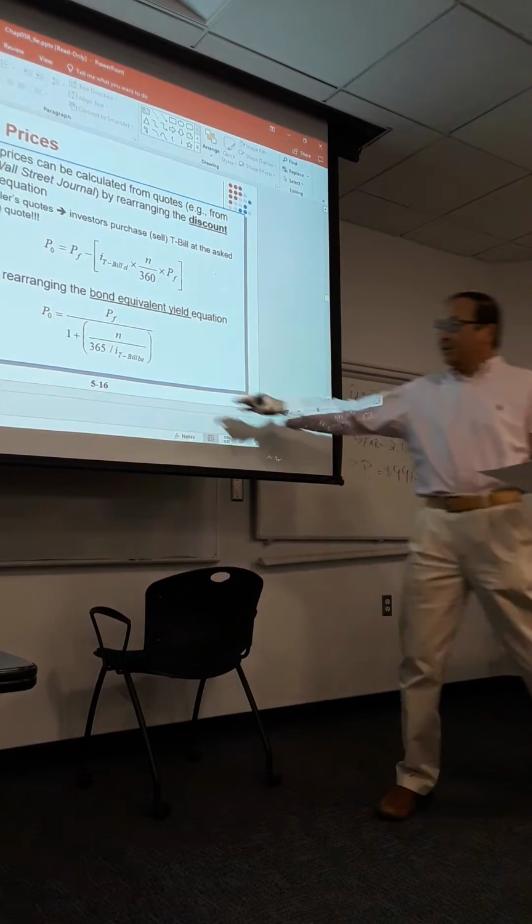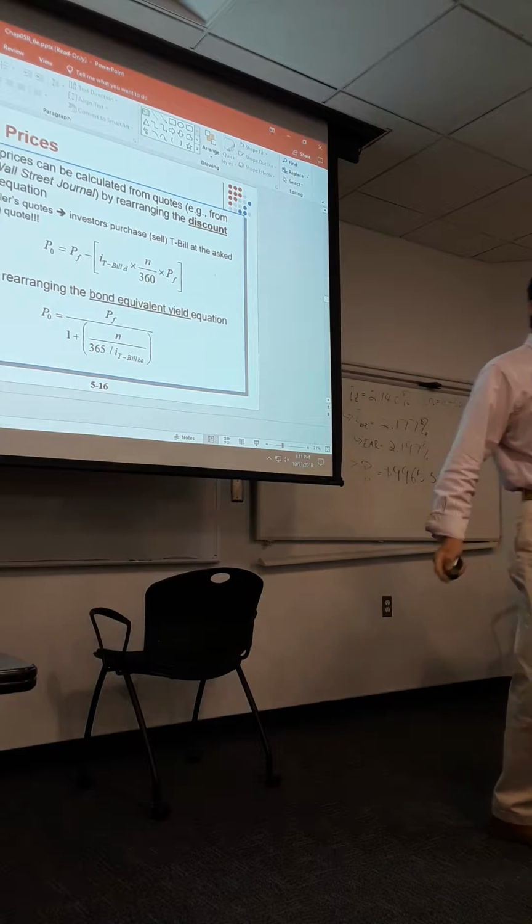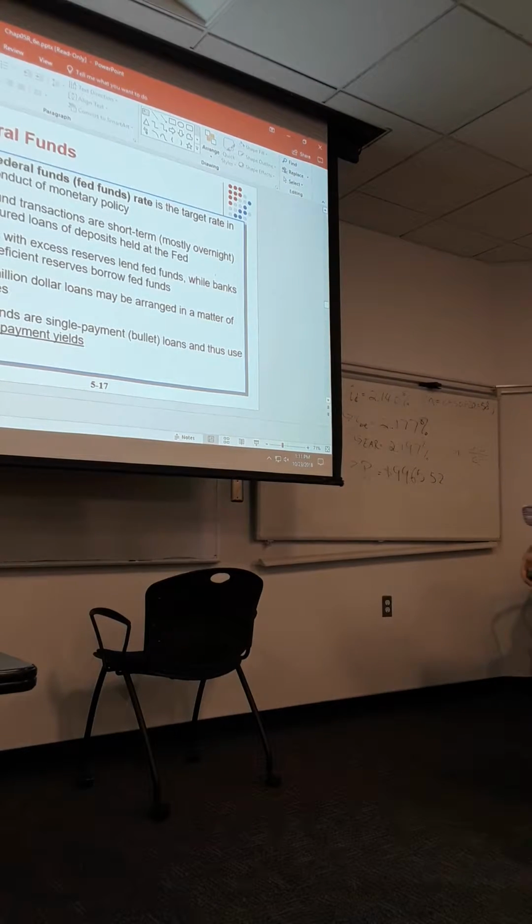You go home to play around with this, not now. It should give you the same answer as the 2.197%. Are we good? What was the final answer again? I'm sorry. Right there. 2.197%.